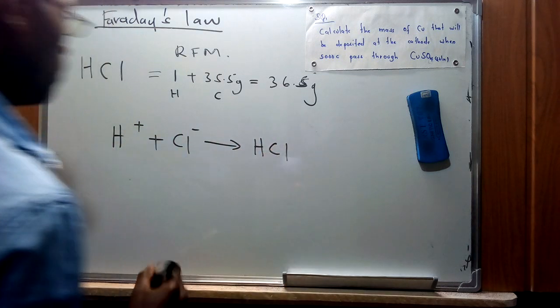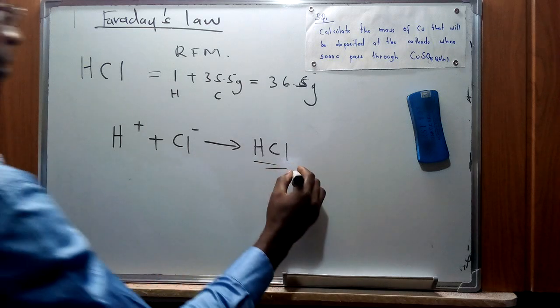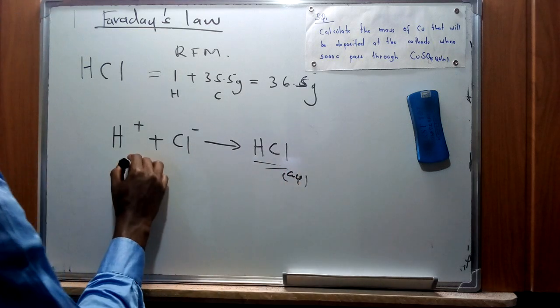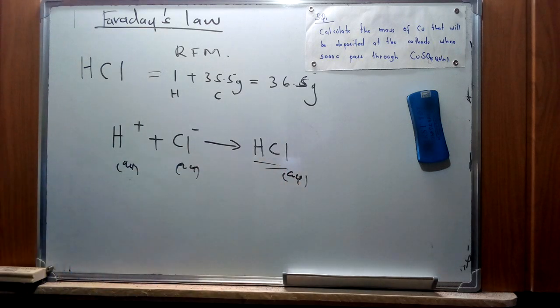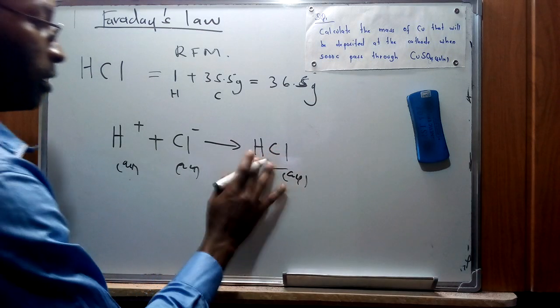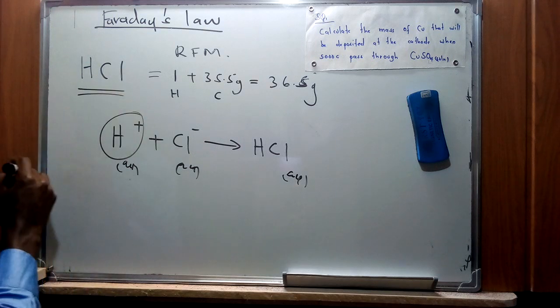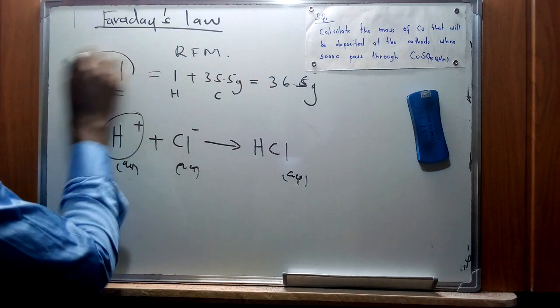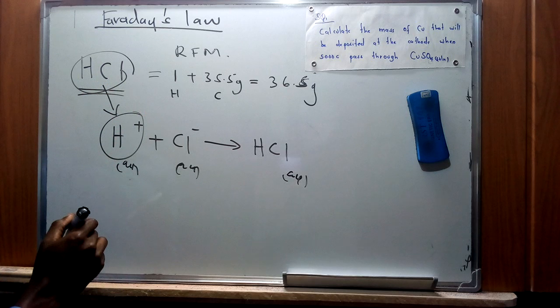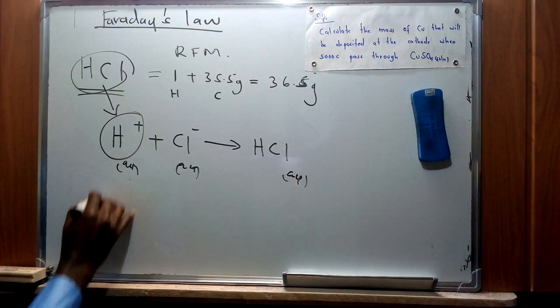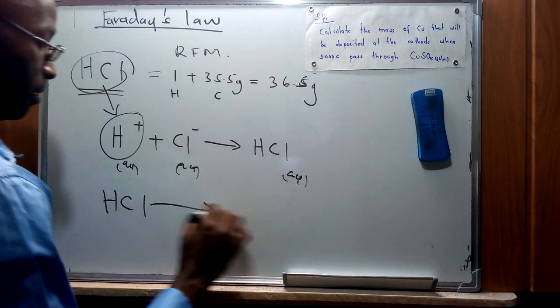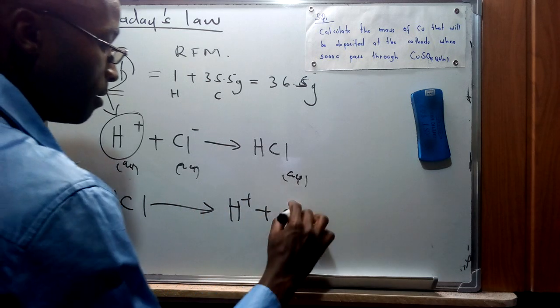I'm just trying to form this HCl using the ions, as a general illustration to indicate how something can accept a proton. So this relative formula mass for HCl is able to donate a proton, or reversibly we can write it as HCl giving H positive plus Cl negative in solution.